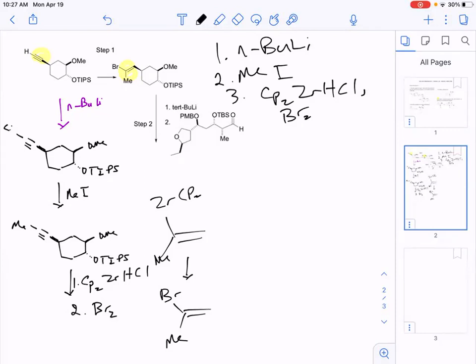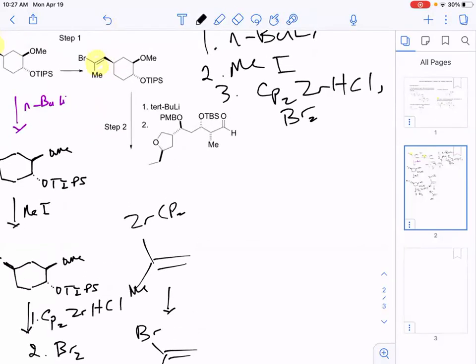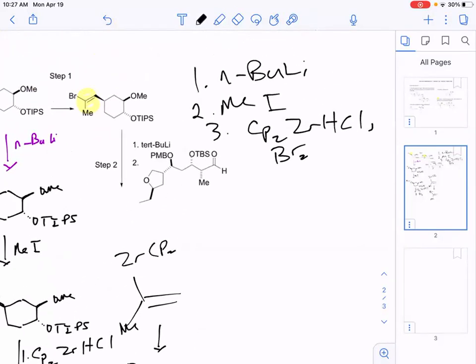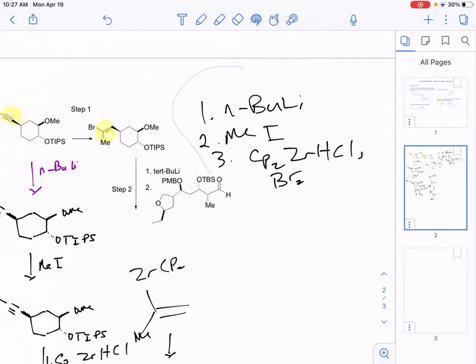So tert-butyllithium is a strong base, but it's also a source of lithium as well. And if you've got a vinyl bromide present, it's going to convert that into the vinyl lithium. Let me move this over to here.